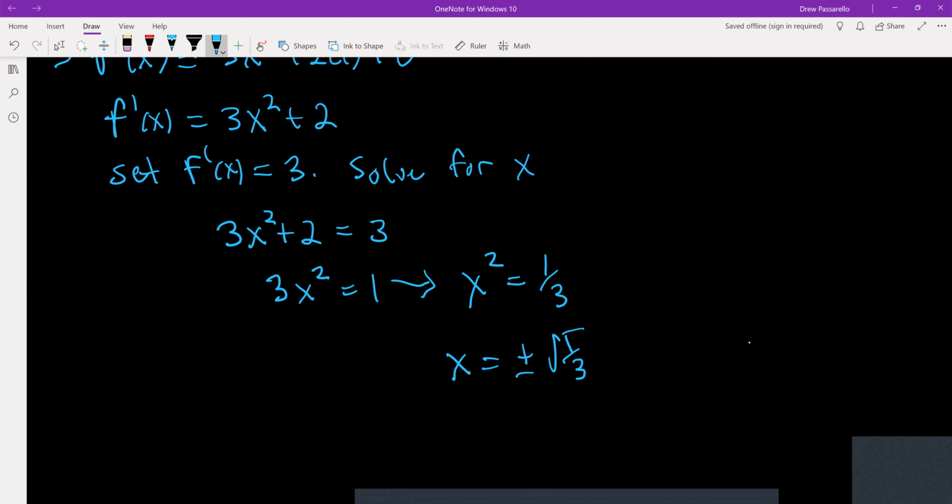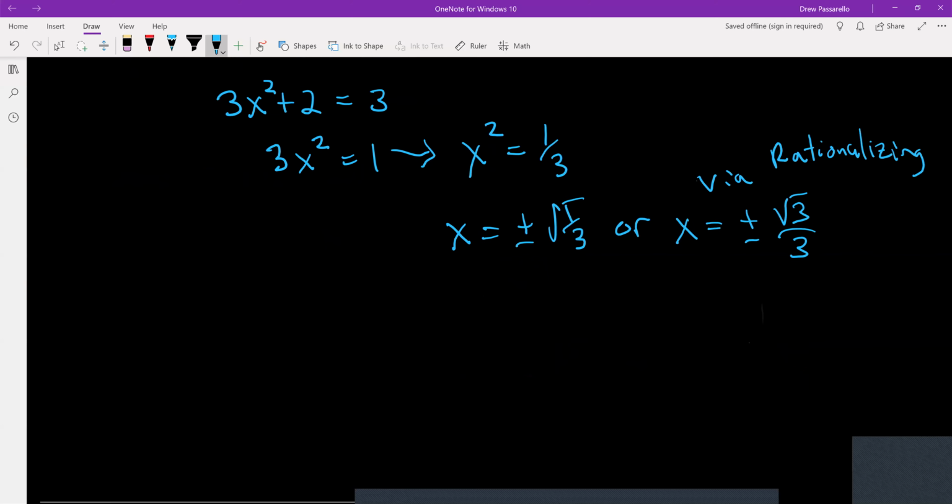And you could write this so that there's no square root of 3 in the denominator. So you could say this is plus or minus the square root of 3 over 3 if you wanted to rationalize. All right, so I accept either the square root of 1/3 or the square root of 3 over 3.